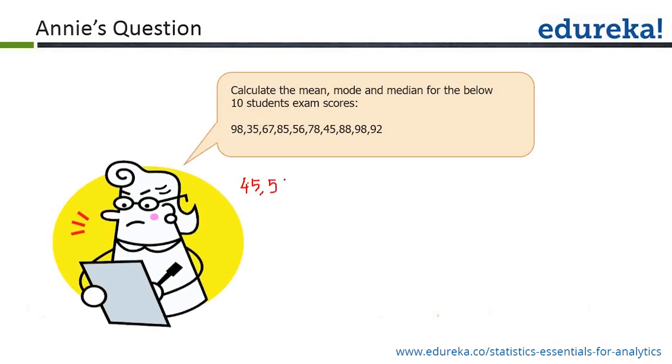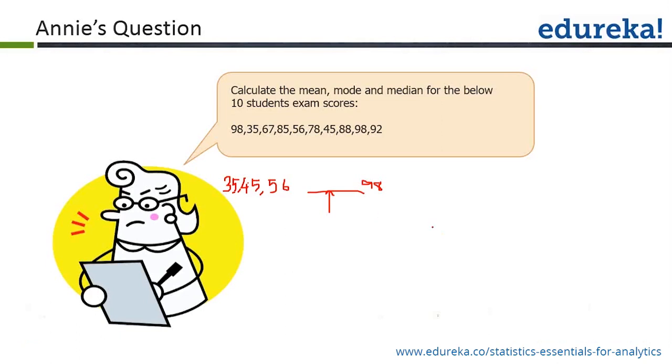Like this, you arrange all these numbers up to 98, which I think is the highest here. And you take the midpoint. So that is the meaning of median. Thanks for finding out the mistake.